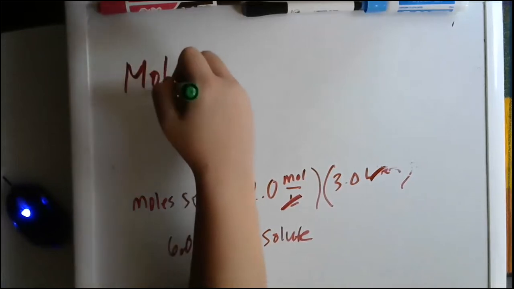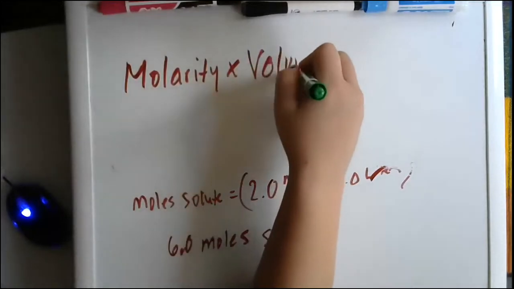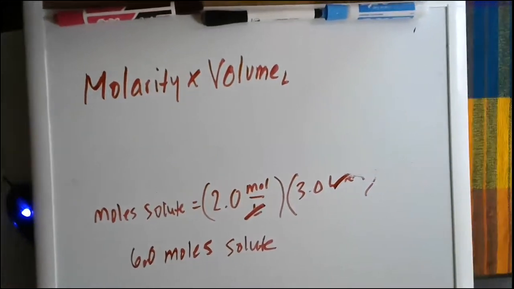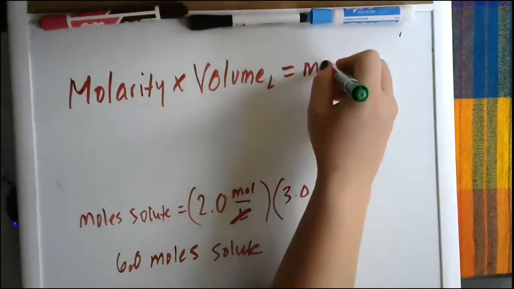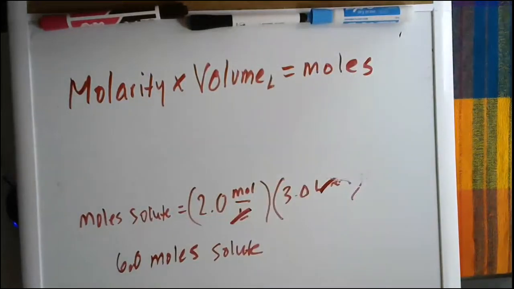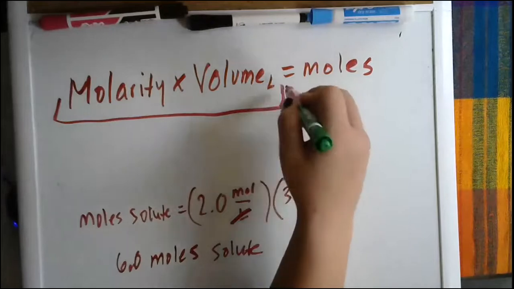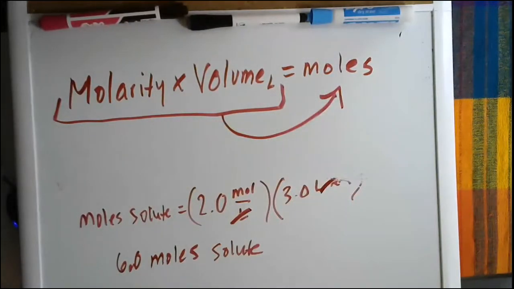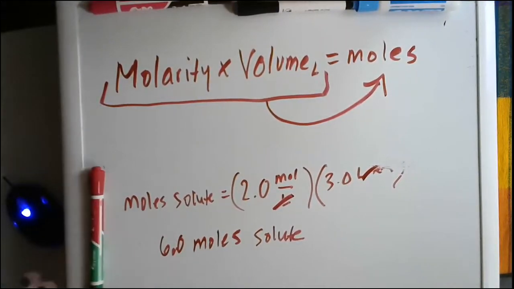If you have a molarity and a volume in liters, I'm going to put an L down there to represent the volume in liters in particular. If you multiply those two values, you end up with moles. Molarity times volume equals moles. So whenever you're given a molarity value and a volume value, you're being given a mole value, even if that's not explicitly stated in the problem.